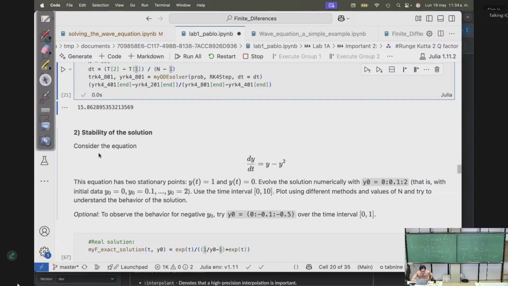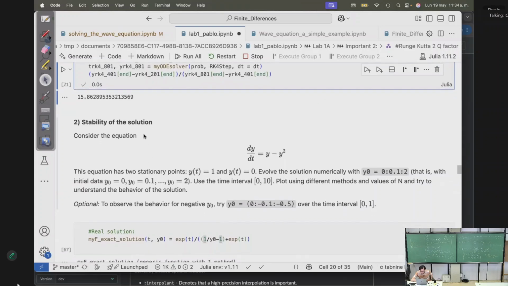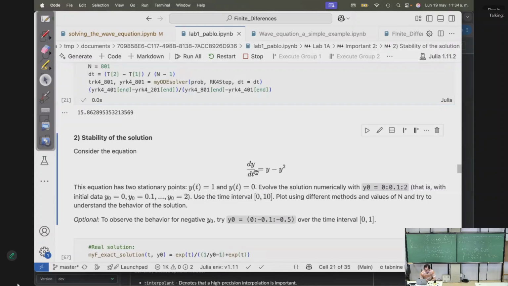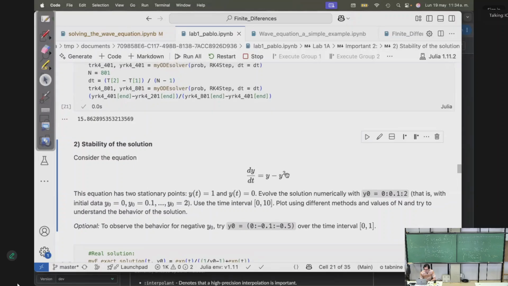So now we go to this equation that is very important for you to understand, right? In this case we have the derivative of y over dt equals y minus y squared, okay? It's useful to first note that we are working with a problem for which we actually have an analytical solution, and the right hand side of the equation is smooth.